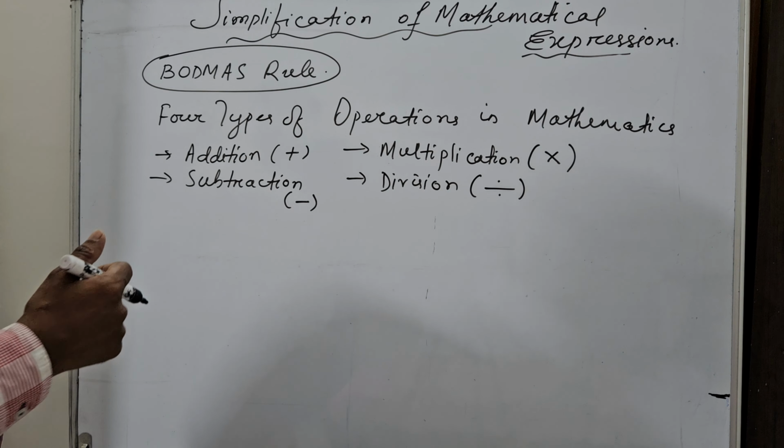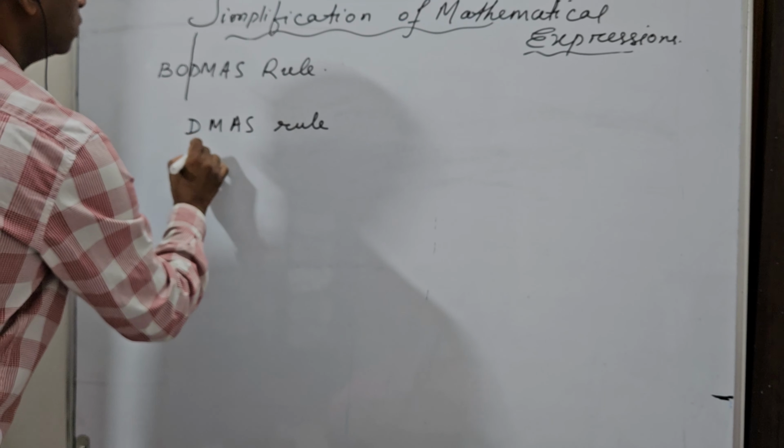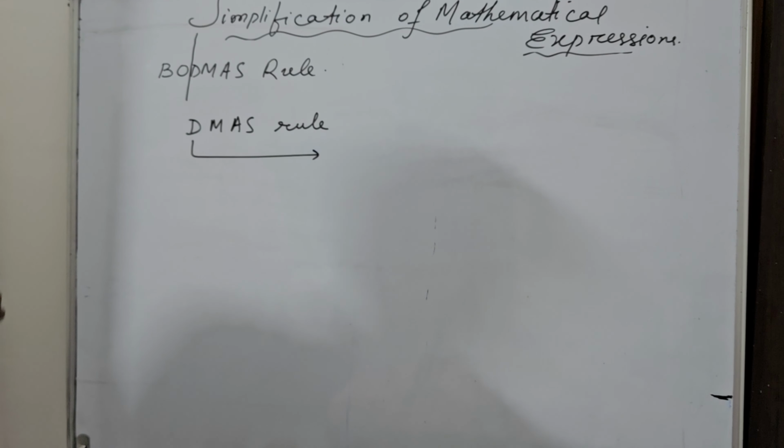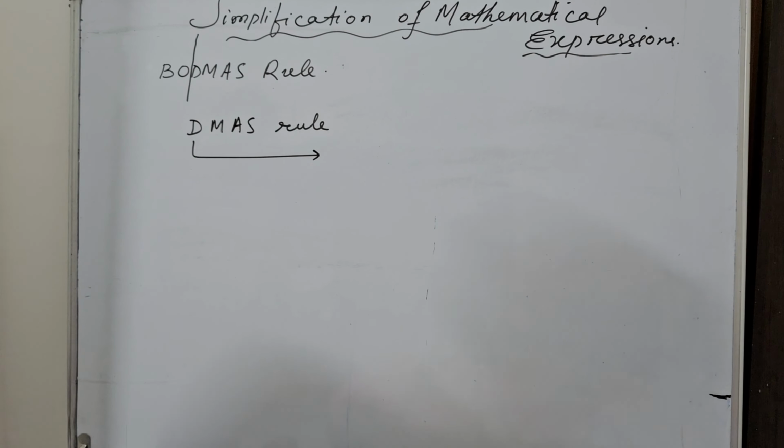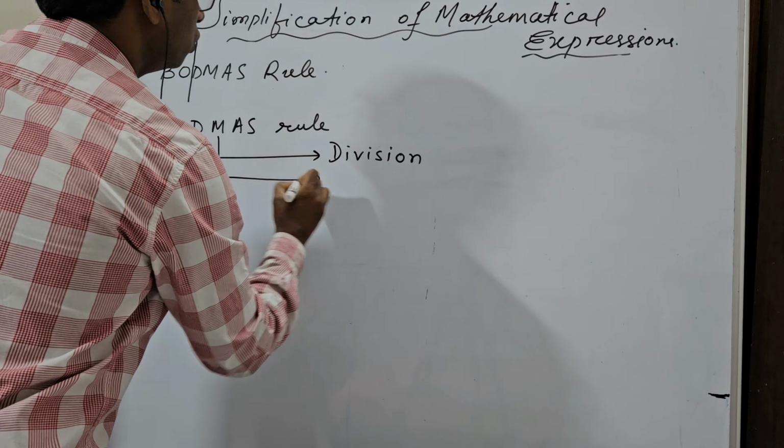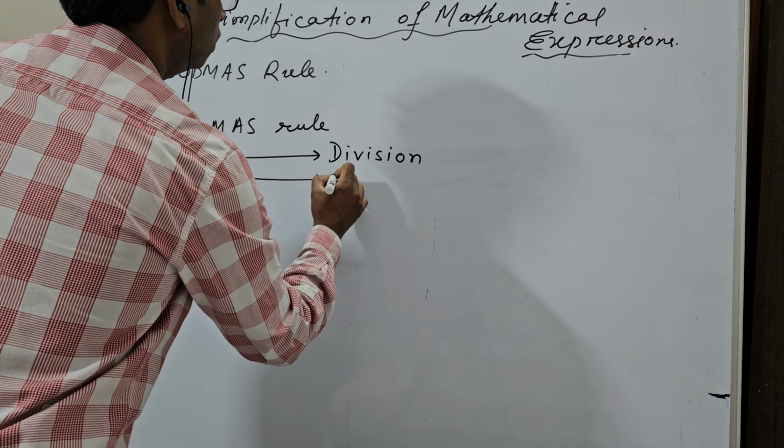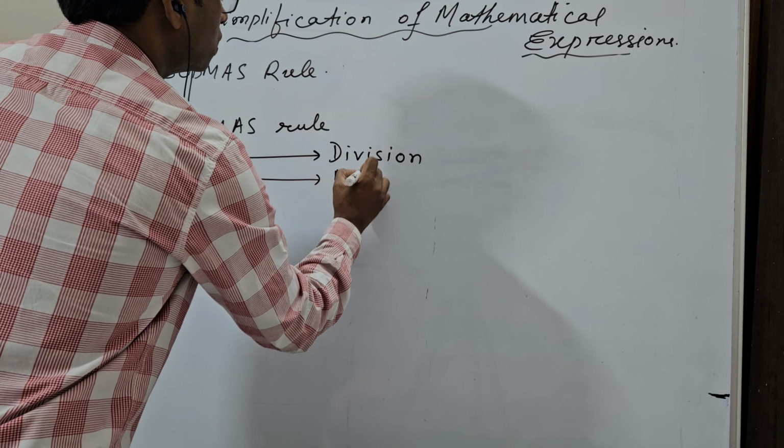So BODMAS, you can see from BODMAS, if I remove B and O, you will do what? BODMAS rule. That means what? First, whatever operations will be given, if division is there, first you have to go for division. First you have to solve for division. Then whatever result you will be getting, you will look for multiplication and use multiply.